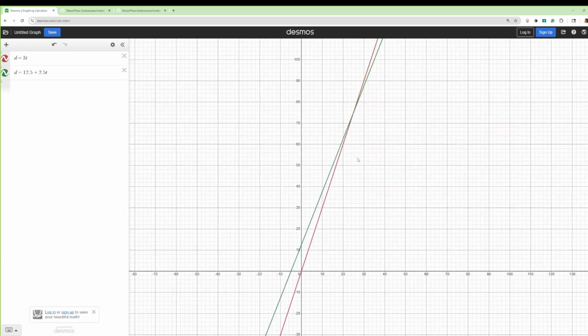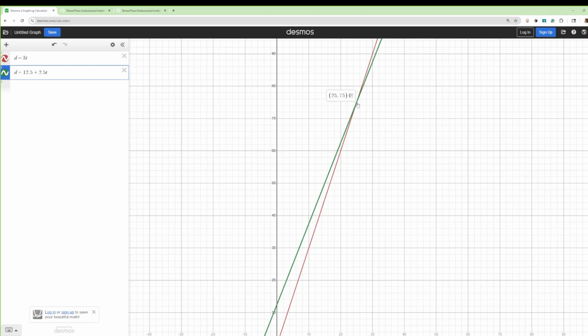If you zoom out, you can't exactly see the point where they collided. d is on the y-axis here, and t is on the x-axis. If you look into the plot, you can see at this point they collided, and the point is 25 comma 75.